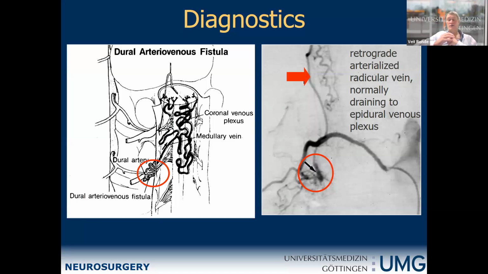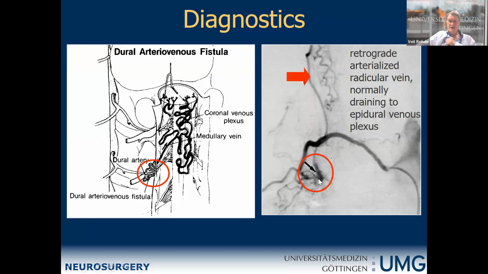Today, still, we have to perform an angiography to really show that we are dealing with a spinal dural AV fistula. And typically, you see the fistula point in this area. This is the artery.